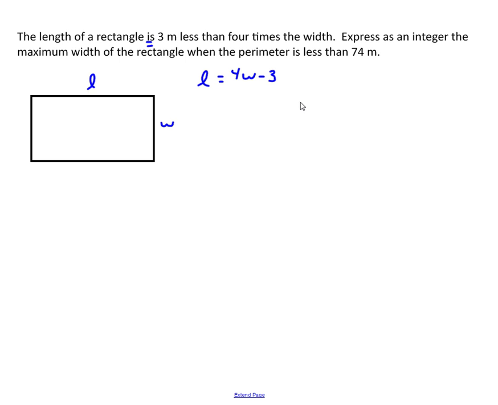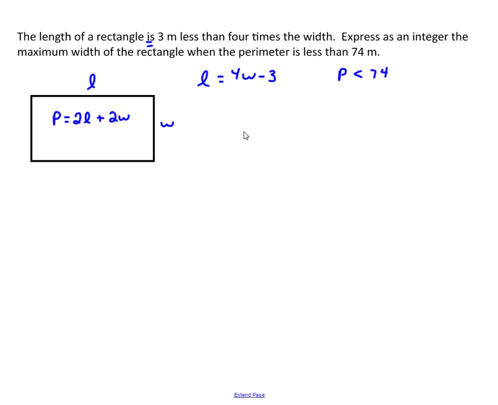Now, of course, the second part of this says that expresses an integer the maximum width of the rectangle when the perimeter, let's call the perimeter P, is less than 74 meters. Right. Well, how do we express perimeter? Well, for any rectangle, of course, we know that the perimeter formula goes 2 times the length plus 2 times the width.